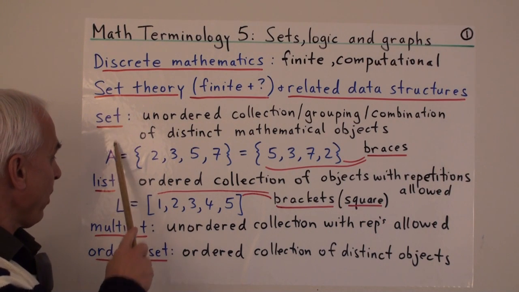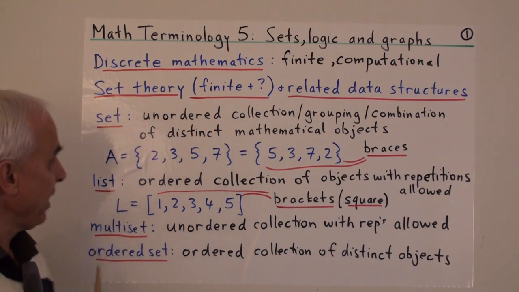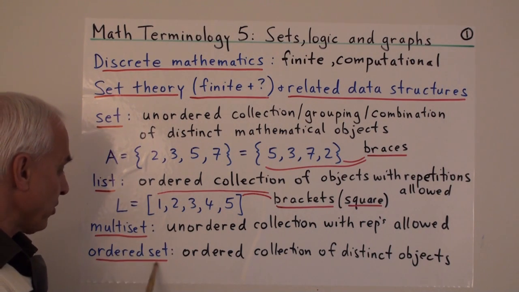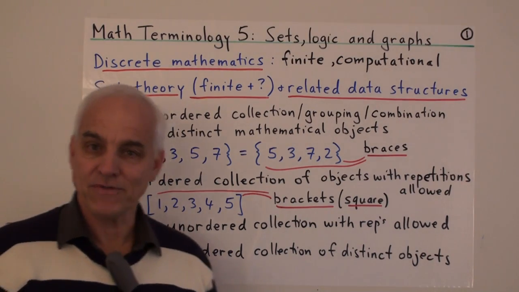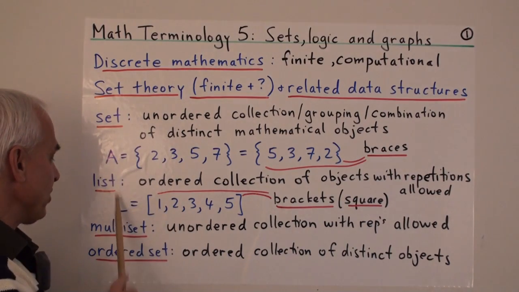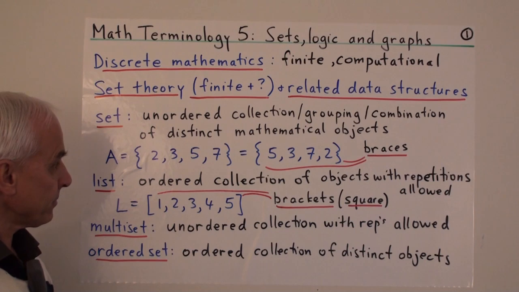Okay, there are actually four types of data structures which are common: the set, the list, the multi-set, and the ordered set. The set gets most of the attention in mathematics, but in fact these other ones are also quite important, and so at least we're going to mention them.